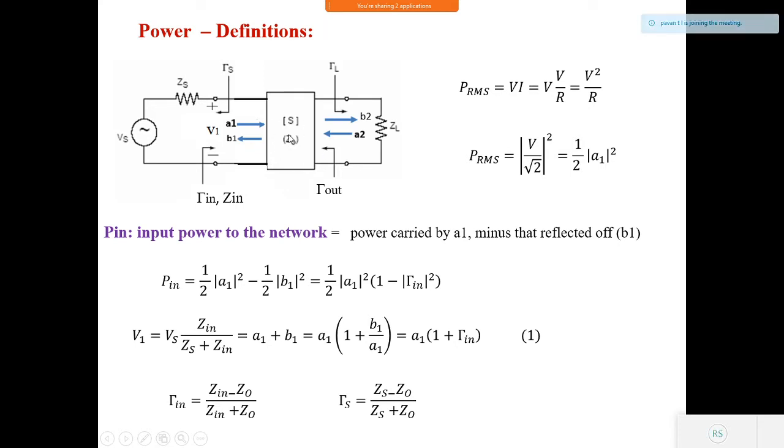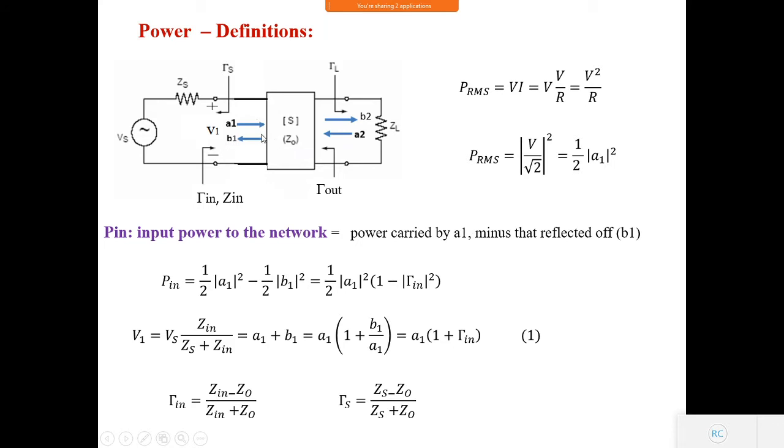Because this is an incident power, the wave incident over a network here, A1 is a wave incident over the network. So this wave is carrying the power, and out of that power a part will be reflected back like this as a wave B1. So out of the power in A1, a part will be reflected back.